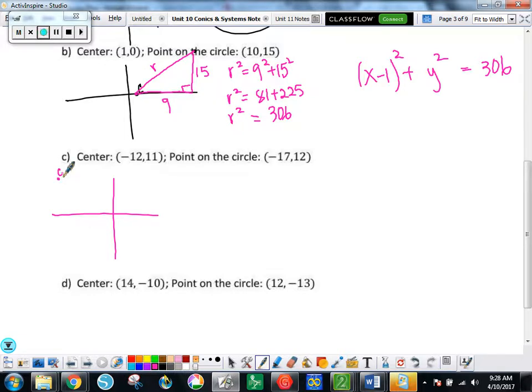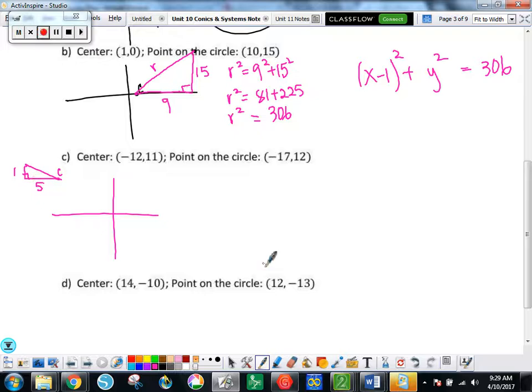The point on the circle is at negative 17, positive 12. So to get from negative 12 to negative 17, how far down do you go? You move 5. Because it's just movement, it's distance, I'm going to say it's positive. It doesn't matter whether you went down or up, it's still 5. And then from 11 to 12, we went up 1.